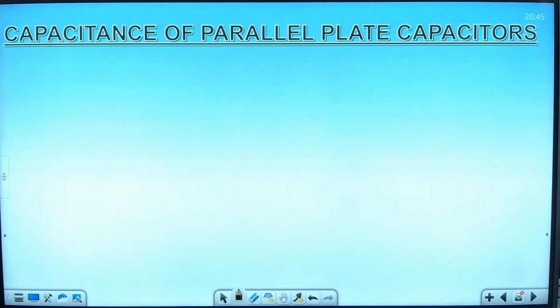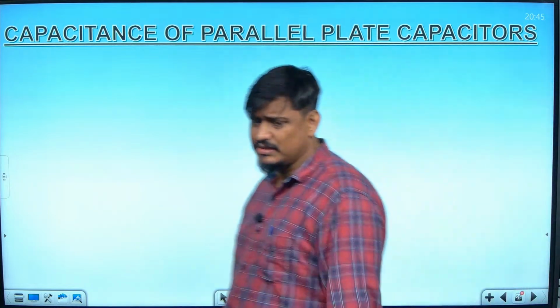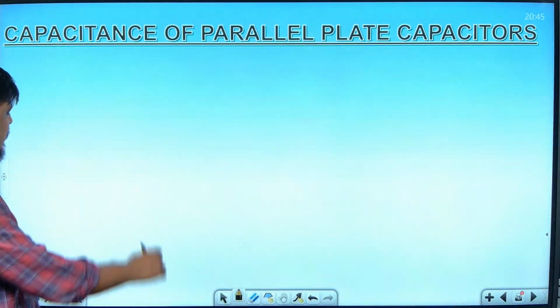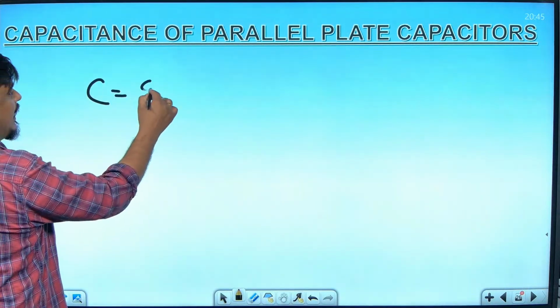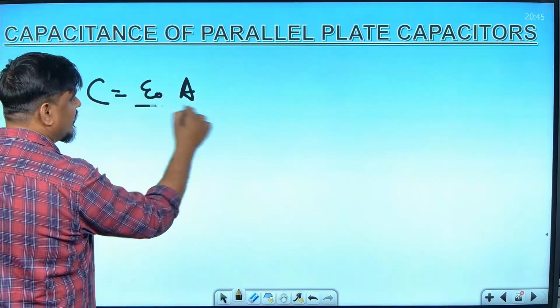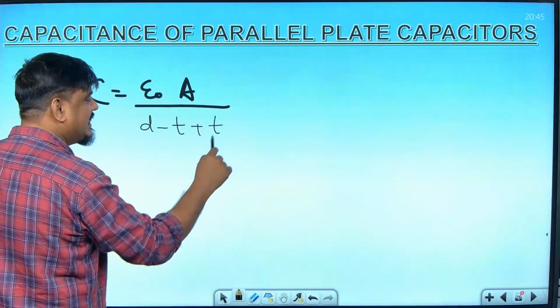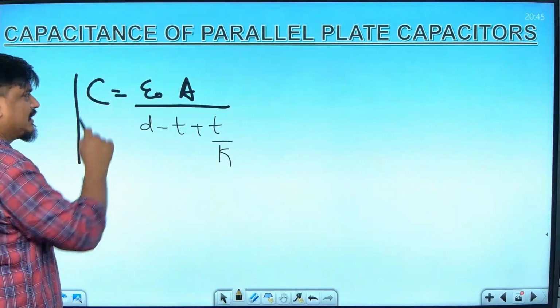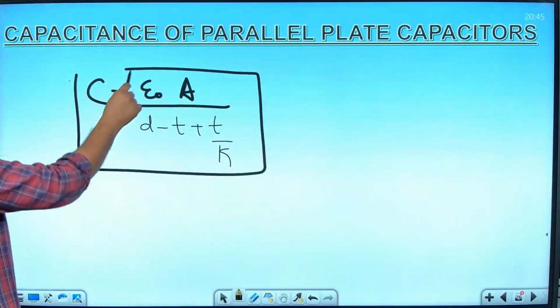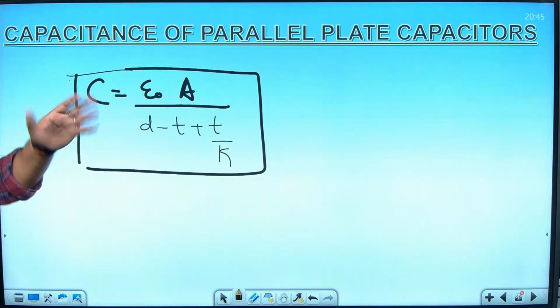What is the capacitance of a parallel plate capacitor? You remember this? C is equal to epsilon naught A by D minus T plus T by K. You should remember this formula, the main formula. If you remember this, you can find anything else.